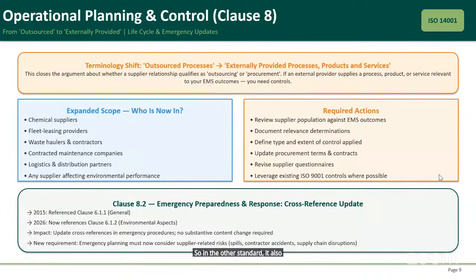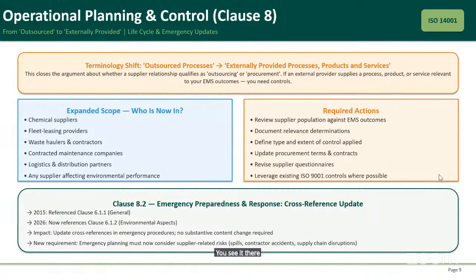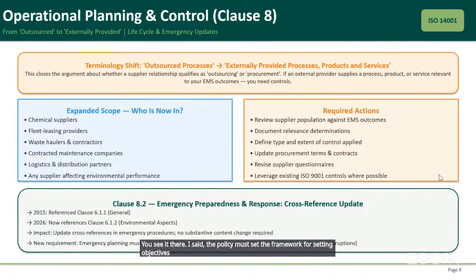For example, I've given many examples. I've told us that clause 6.1 relates to clause 4.1. Clause 6.2, objectives, relates to policy 5.2. I said the policy must set the framework for setting objectives, and your objectives must align with your policy. Many of these requirements work together like that.